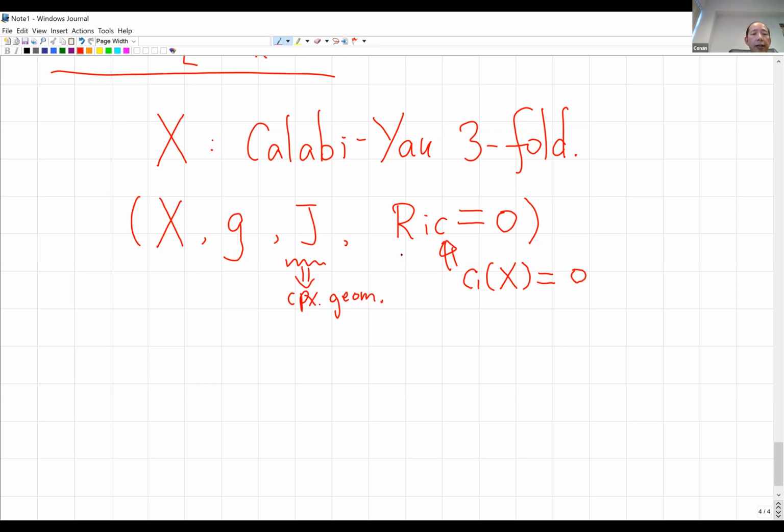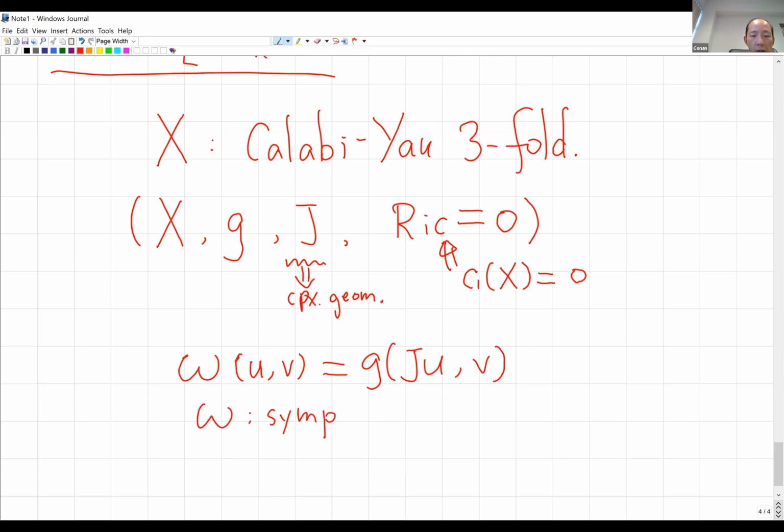And symplectic geometry comes from the following two-form. You combine G and J, you can construct omega, which is this combination of G and J. And that gives you this omega, a symplectic form. And symplectic geometry started from the study of quantum mechanics.